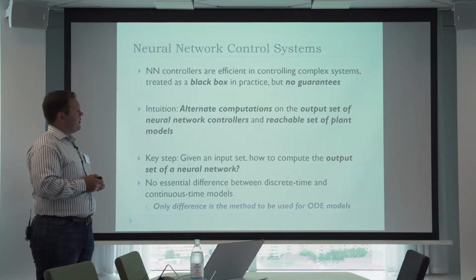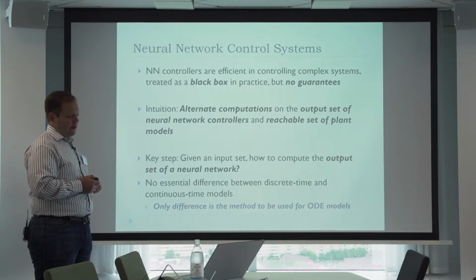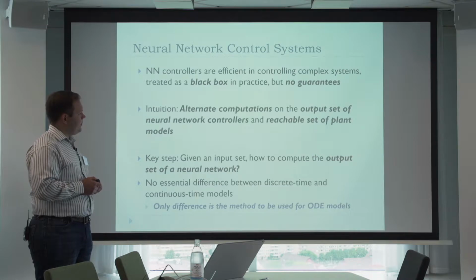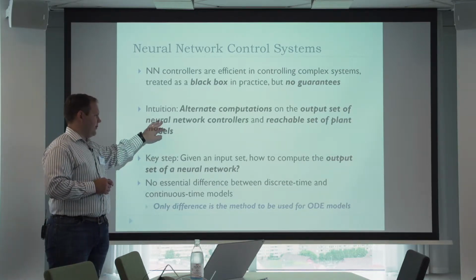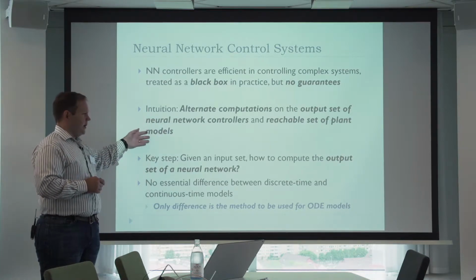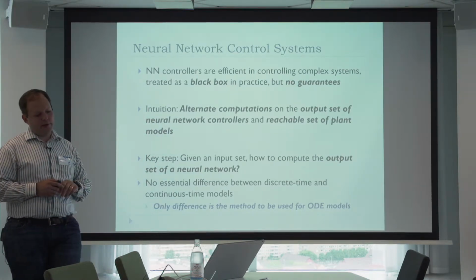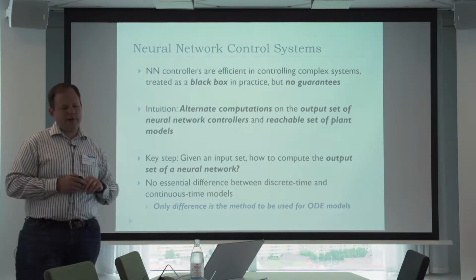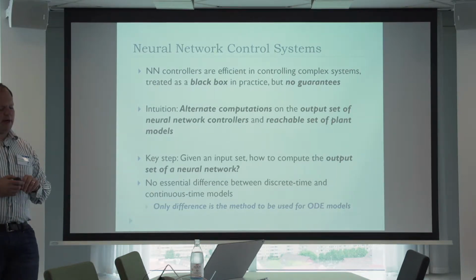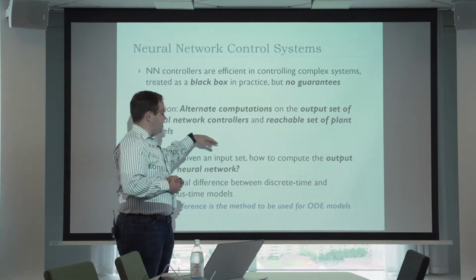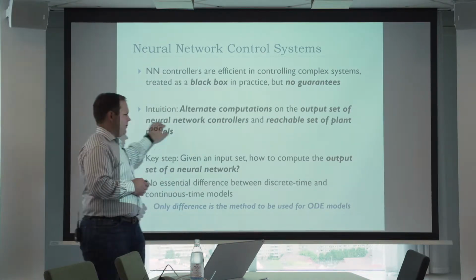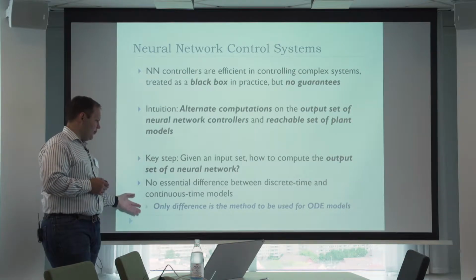But how we're going to do the analysis of this within the context of a feedback control system is that we're going to alternate computations of analysis of the neural network and reachable set computations of the plant. We've seen a lot of talks in this summer school so far about how to do reach set computation for, say, differential equations or hybrid automata. So we're going to alternate these two things. We've seen some on how to do this second step already, so I'm going to talk about how to do this first step. So how do we do this?